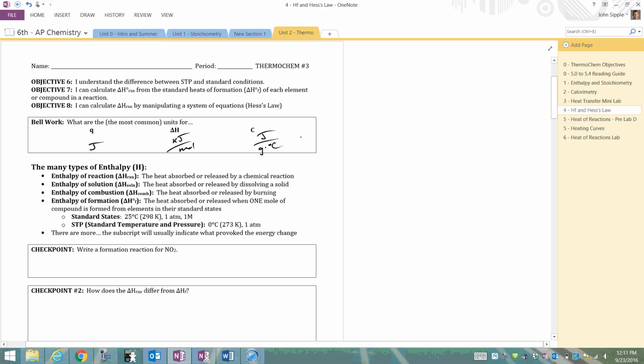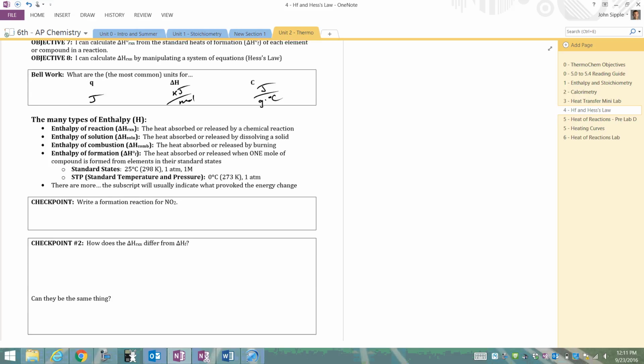Okay, very good. And you've got lots of different types of enthalpy, right? But even though there are specific types, like the heat of formation for this reaction, or the heat of dissolving something in water, each has a special little notation by it. But what doesn't change? They're all delta H's, right?